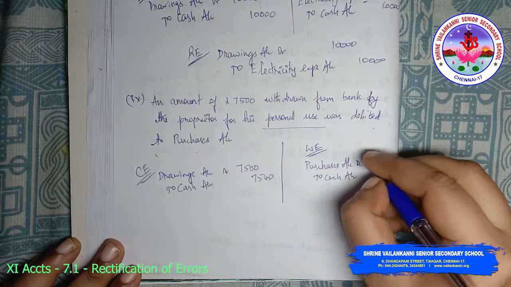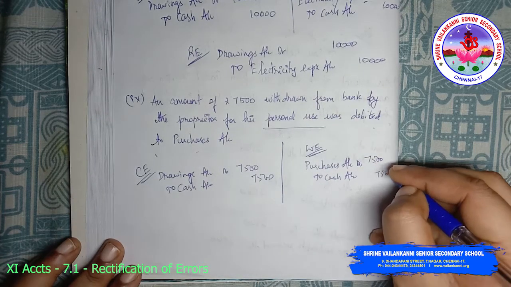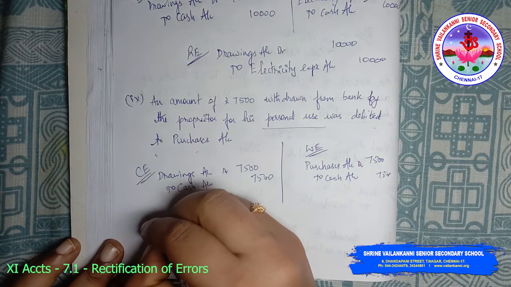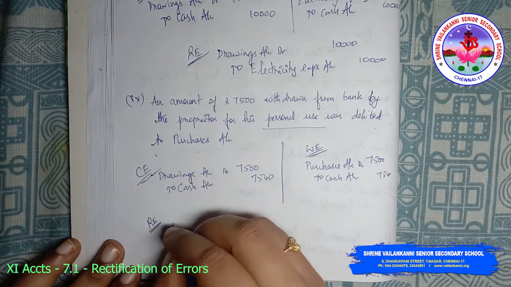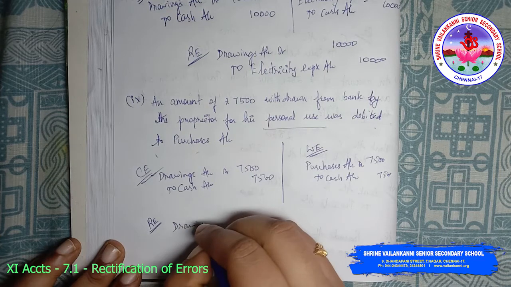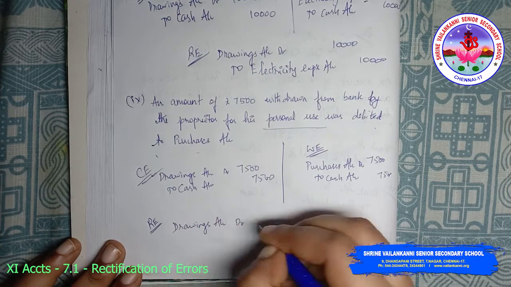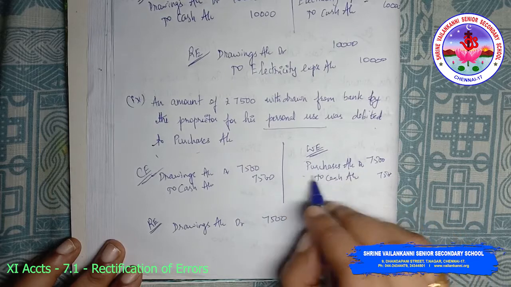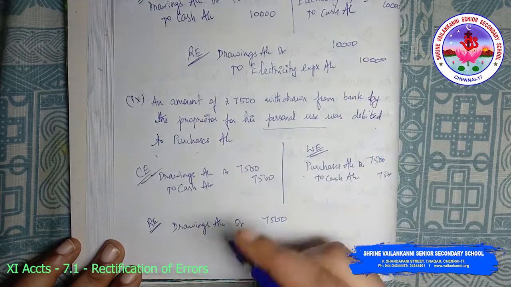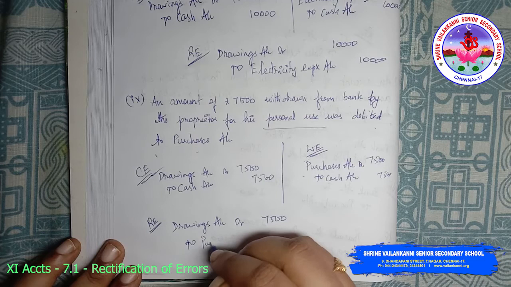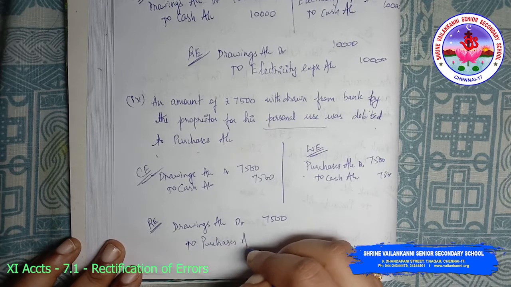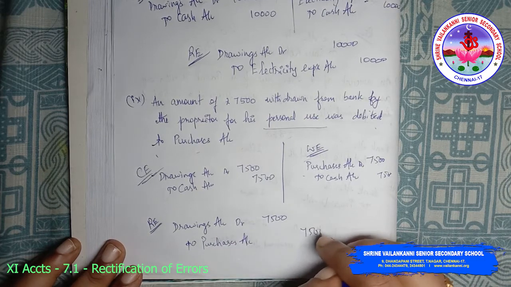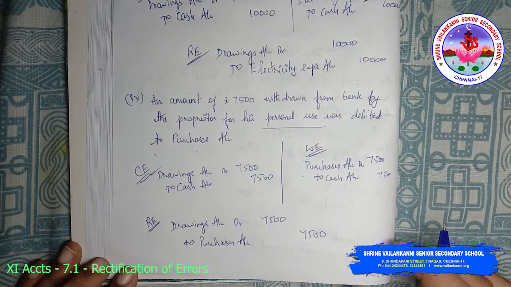So what is the rectified entry? What is the correct thing that has to be debited? Drawings. What is the mistake? Purchases is debited, which has to be cancelled, that we need to credit it. Okay, so this transaction is over.